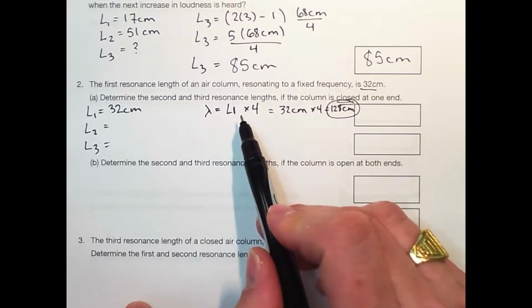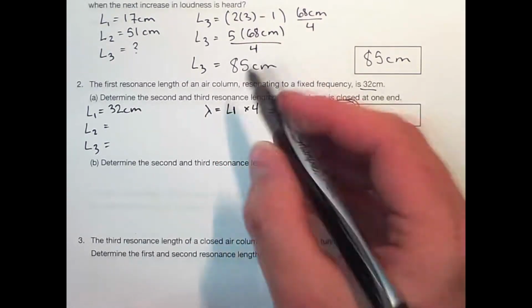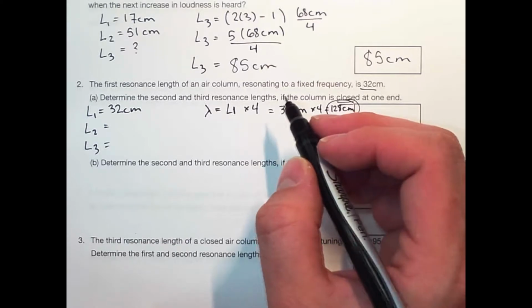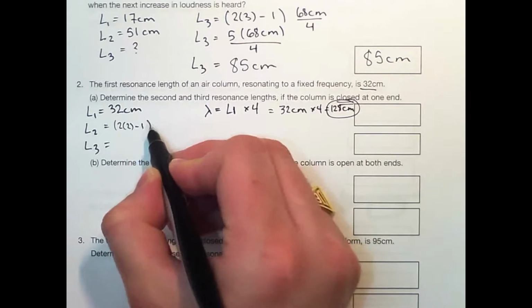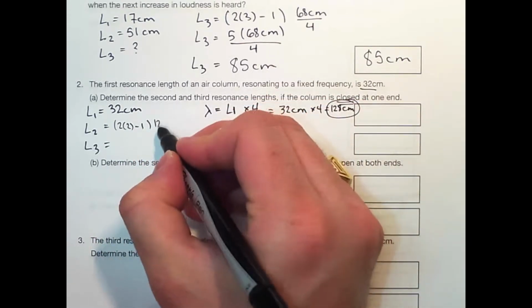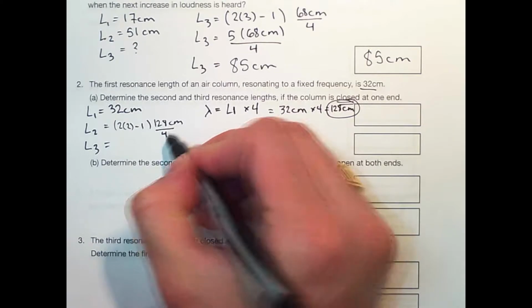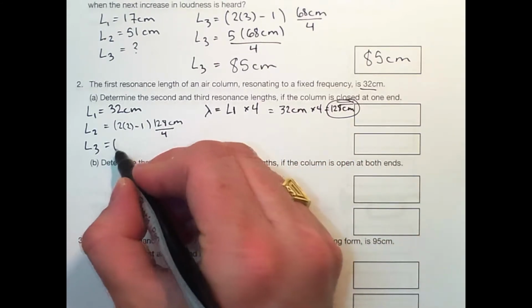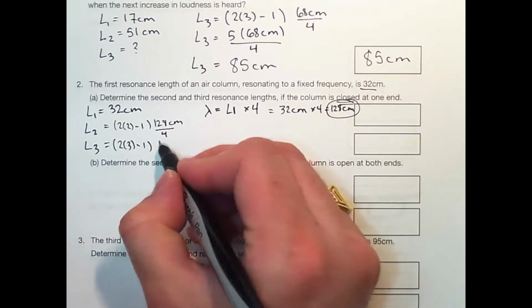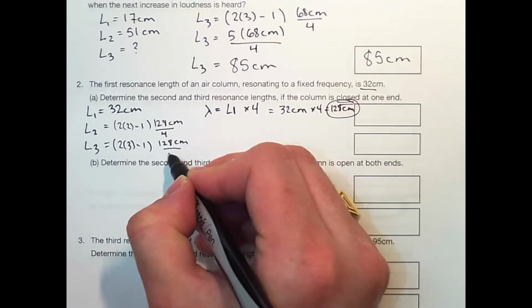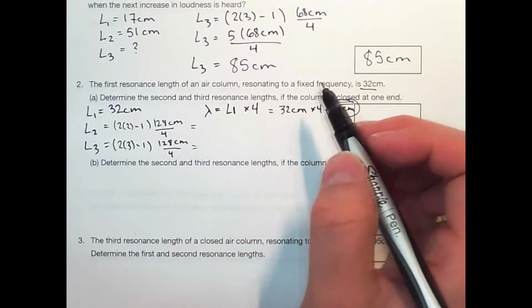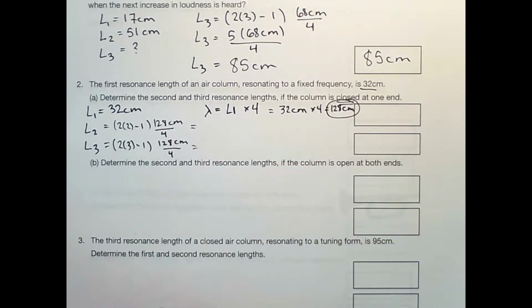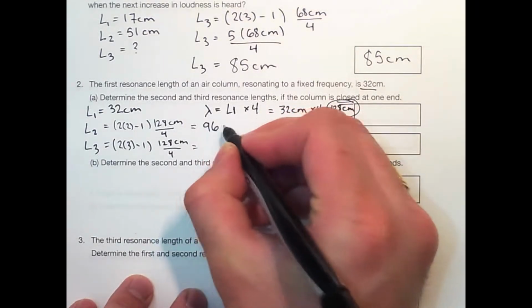Again, this relationship is only true for closed tubes. So then for L2, it's (2 times 2, take away 1) times lambda divided by 4. And for L3, it's (2 times 3, take away 1) times 128 centimeters divided by 4. So for L2, it would be 96 centimeters.